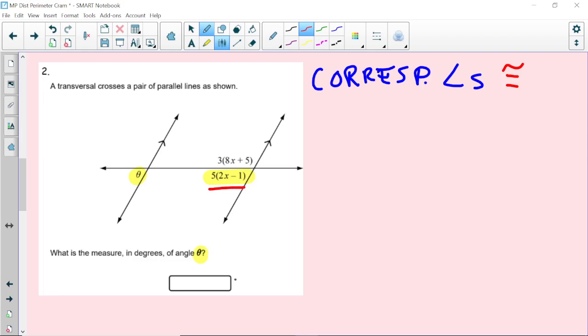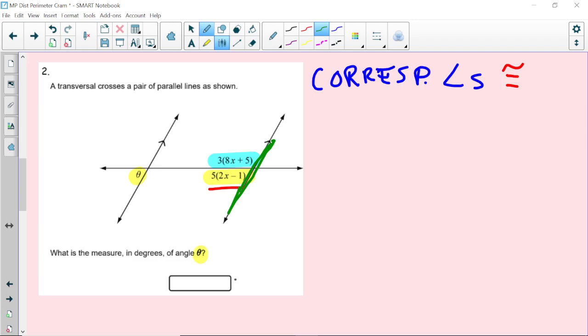Well, to do that, I'm taking a look at this 3 parentheses 8x plus 5. I notice that these two expressions are making up this line right here. These guys are a linear pair, which means they're going to add up to 180 degrees. They make up that line, and the line is 180 degrees.